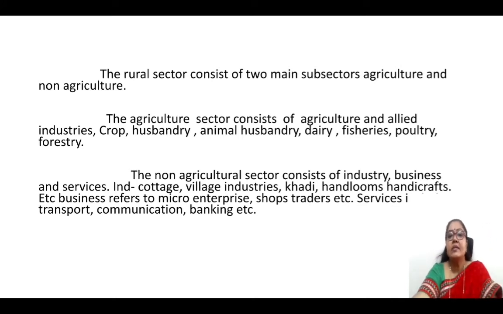The agricultural sector consists of agriculture and allied industries: crops, animal husbandry, dairy, fisheries, poultry, etc. The non-agricultural sector consists of industry, business and services, cottage industries, village industries, khadi, handlooms, handicrafts, etc. Business refers to micro enterprises, shops, traders, etc. And service industries include transport, communication, banking, hospitality, etc.